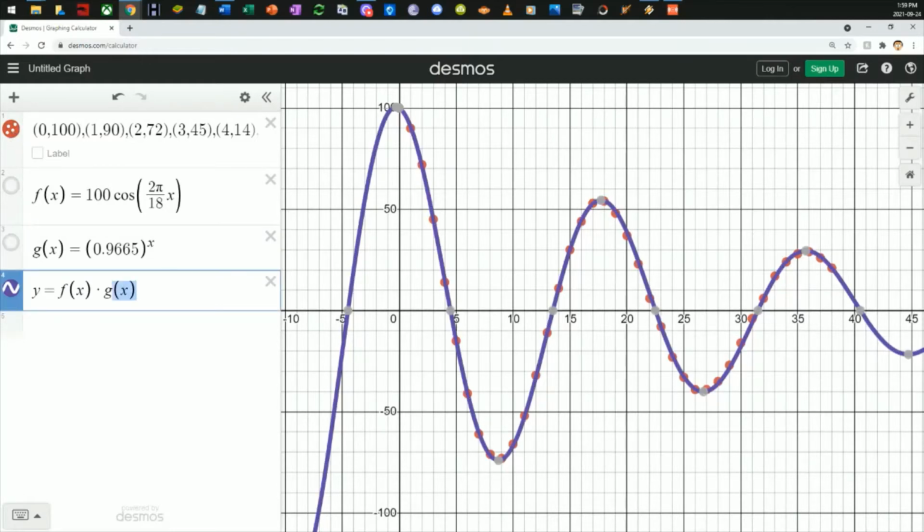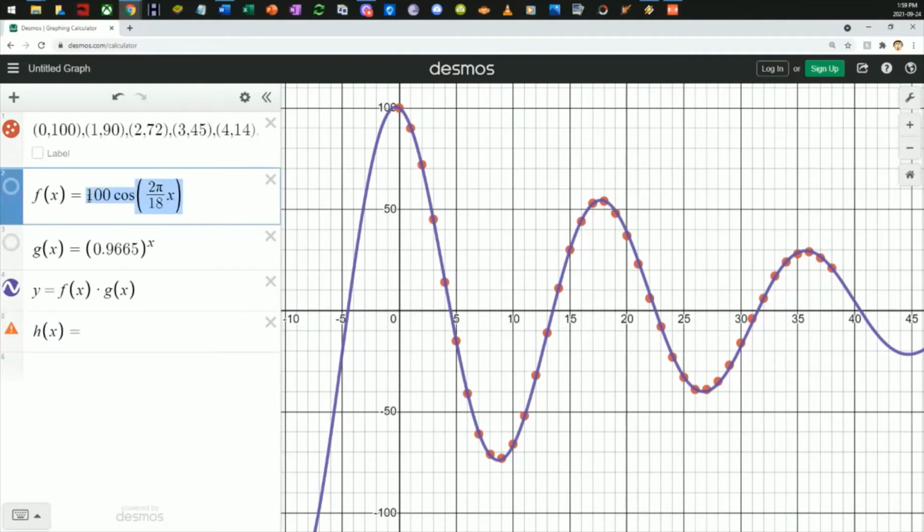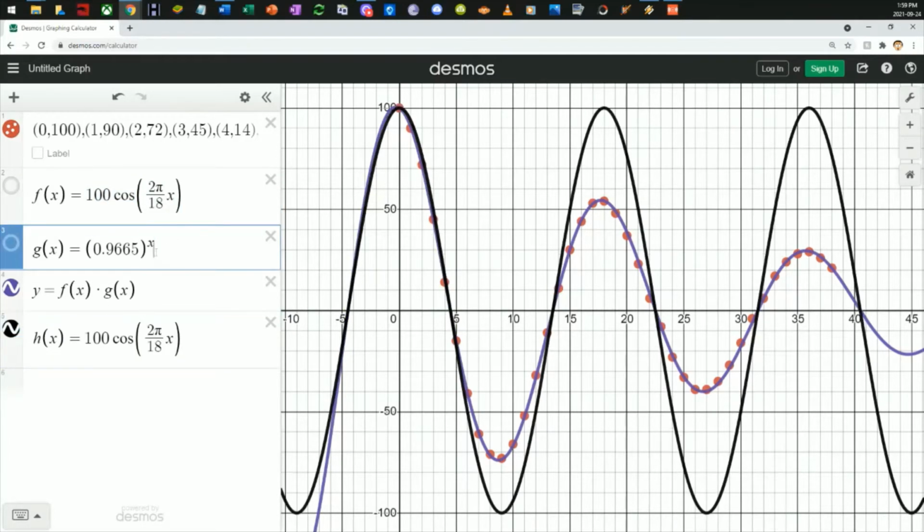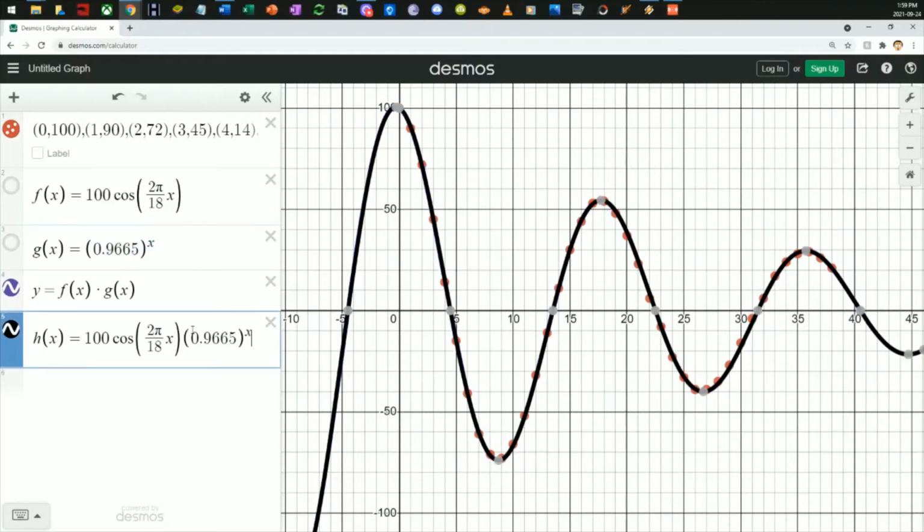And it's f of x times g of x. Let me do one more function on here so I can just do it as one. It's going to be that f of x times that g of x. And there's our final model to represent this bit of data.